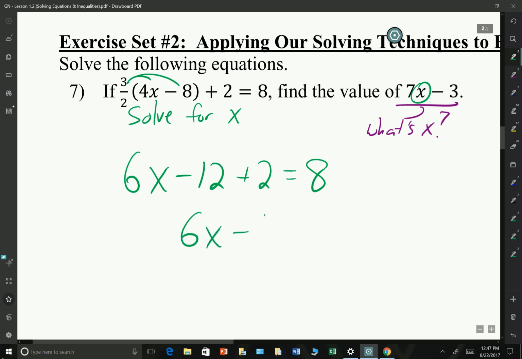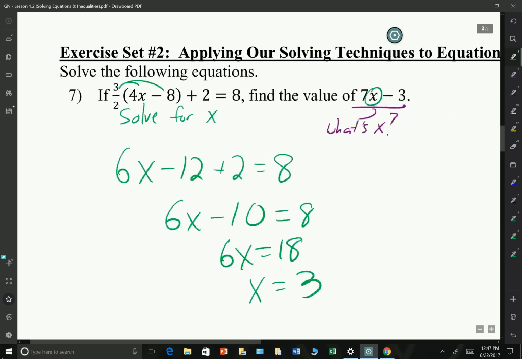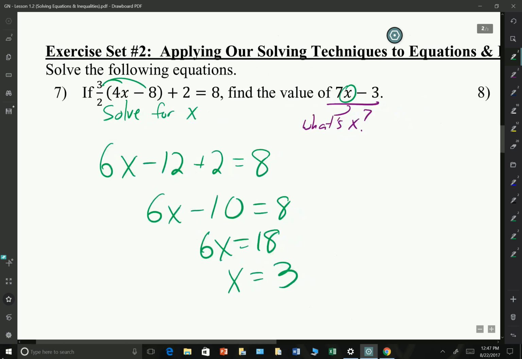Combine like terms: 6x minus 10 equals 8. Then I just solve the two-step process. Add the 10, divide by 6. X is 3. So I have 7 times 3 minus 3. So 18 is my answer.